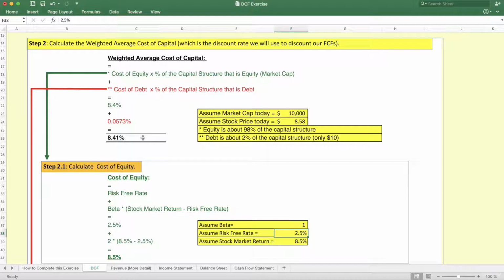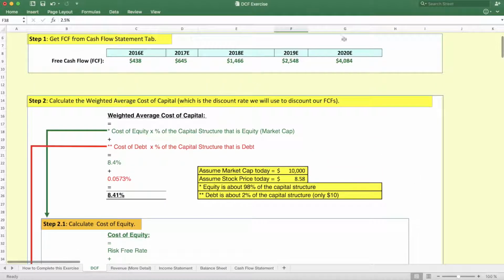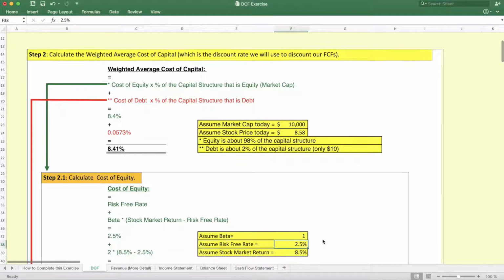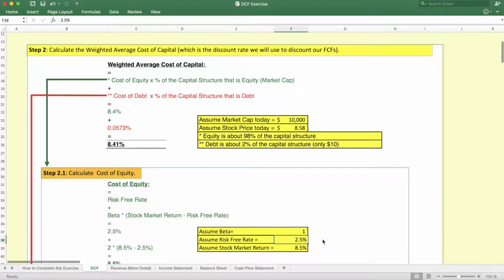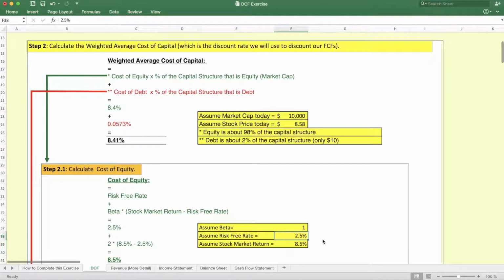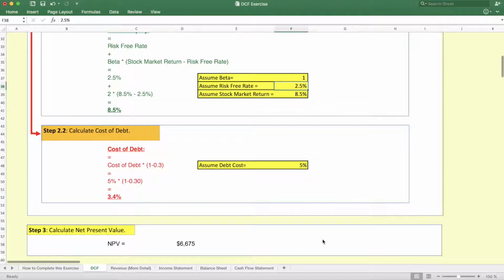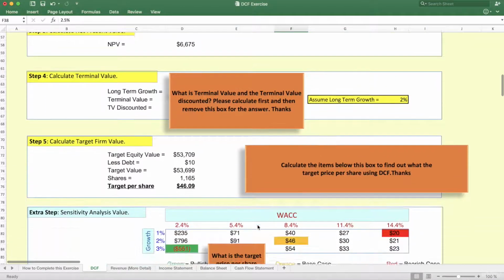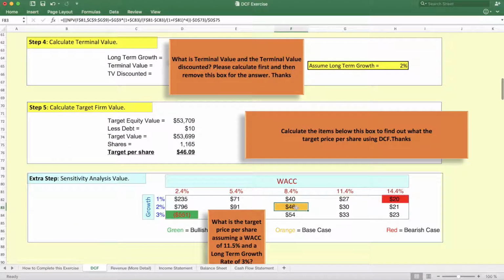What happens to the free cash flows? Well, the value of these free cash flows is going to be a lot higher because our interest rate is lower now because our beta is lower. So let's look at NPV first, see what it calculated, and then we'll go down to our target price. NPV before was 5,000 something. Watch this. It's now 6,000, close to 7,000. It went up because our cost of capital went down a lot. And our target price went from 22 bucks in that orange cell to much higher, 46. Look at that. Unbelievable.